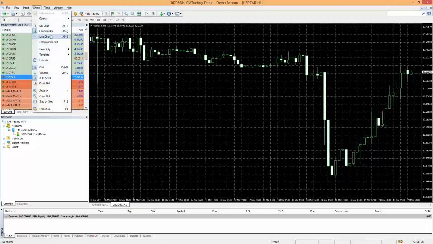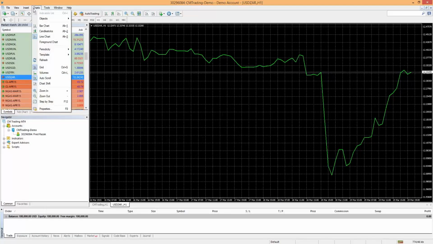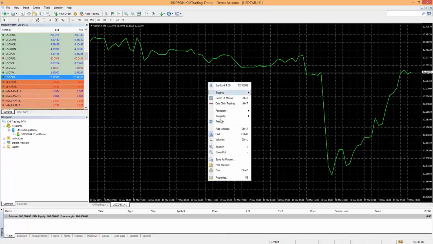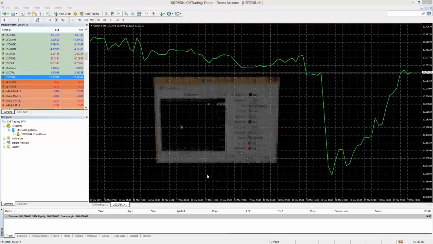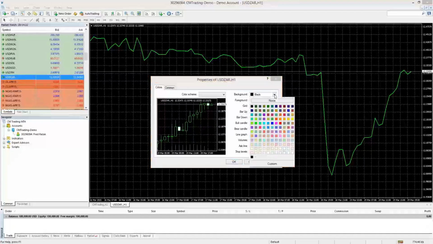Or you can change it into a line chart. It depends on your preference, but it's all here under Charts on the top of the window. What's very cool is that by right-clicking on it, you could do almost the same thing. You could go to Properties by right-clicking on the actual graph, pressing Properties, and then you can change whatever you want the chart to look like.